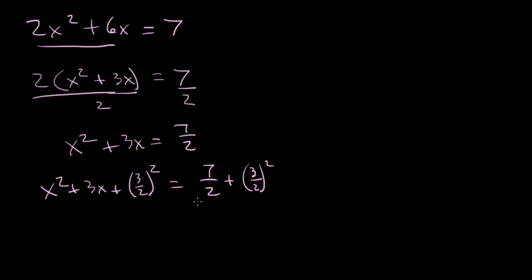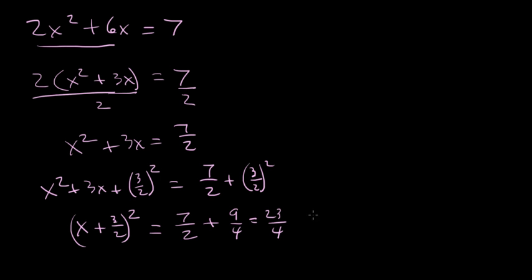Again, I'm leaving it in this form, which makes it a little bit easier. And so then I can factor. X plus 3/2 quantity squared equals 7/2 plus 9/4, because 3 squared and 2 squared is 9/4.